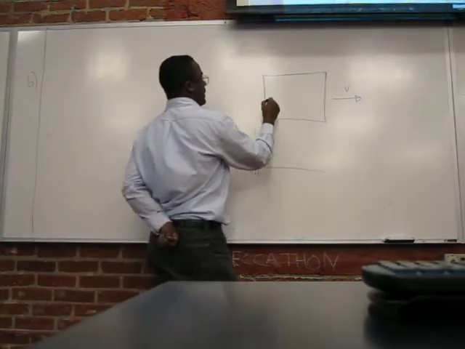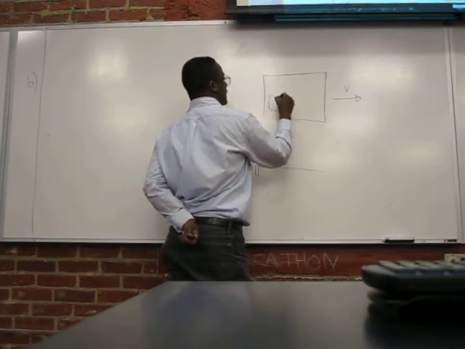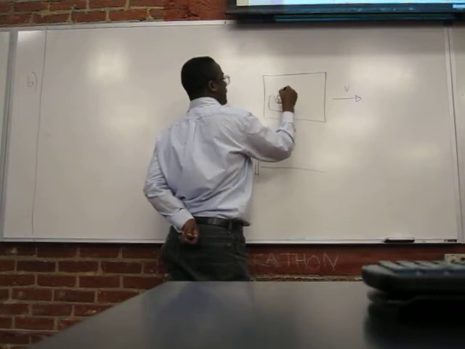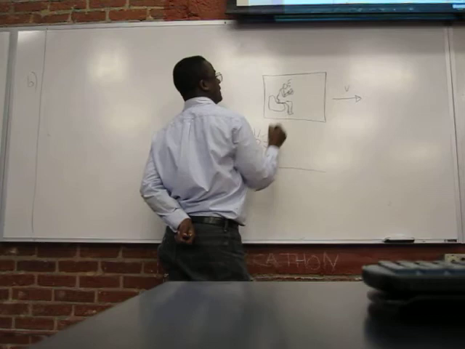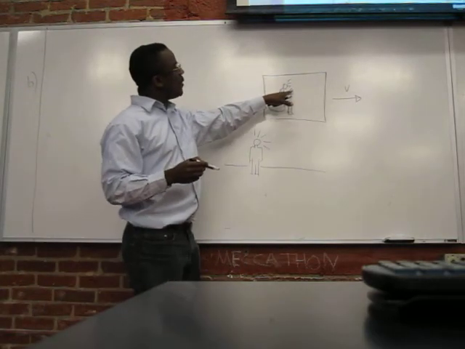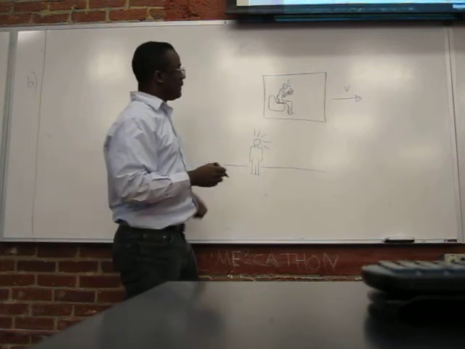Okay, so this is a passenger on the train, just sitting down. And say they're holding a ball in their hand and they're observing that ball. How fast is that ball going with respect to this observer? 0.